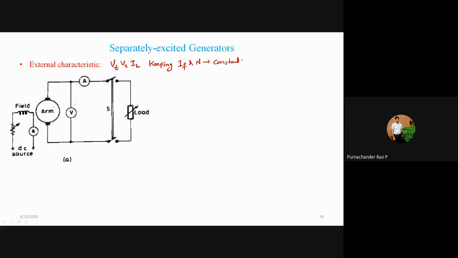Am I right or not? In the no load condition, your armature is directly measured with a voltmeter, so the load is not connected there. Then if you connect the load and ammeter, you can observe your current IL here. Then how to get this external characteristics?